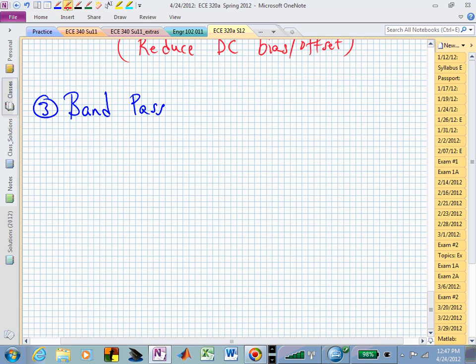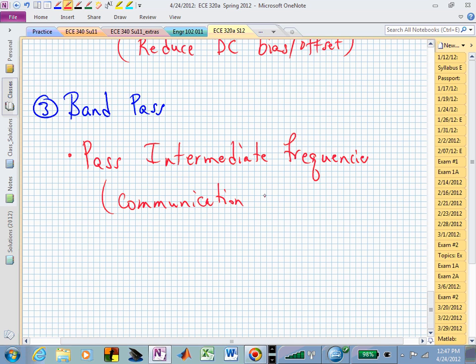In the bandpass filter, what we want to do is pass, let's say, intermediate frequencies, or maybe somebody has a communication signal where you couldn't care less what's happening at low frequencies or high frequencies. You know that communication signal is at a particular frequency. Let's just isolate on that frequency. This might be helpful in communication signals.